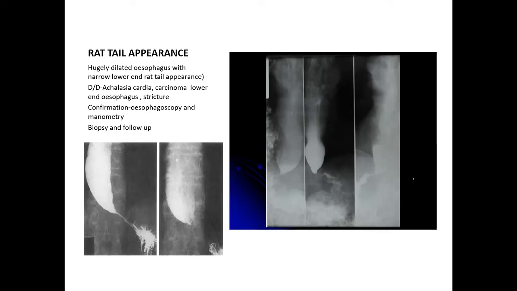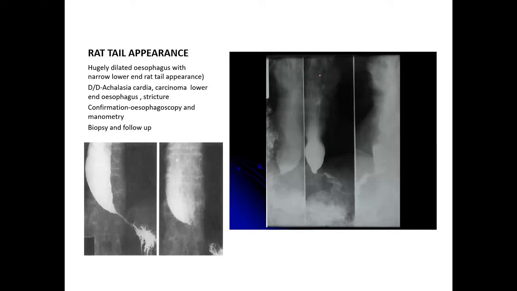A huge dilated esophagus with narrow lower end. It is called the rat tail appearance, or sometimes the bird beak appearance. Okay, rat tail appearance or the bird beak appearance.